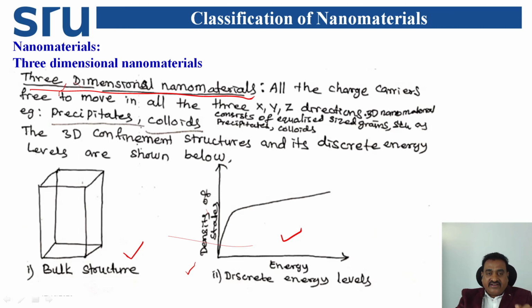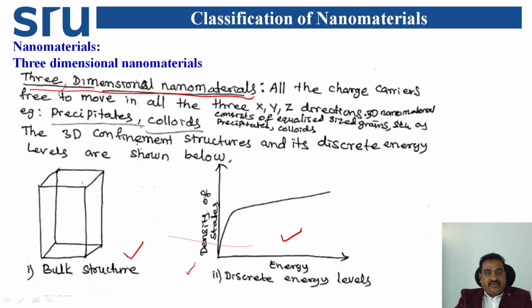Try to understand the zero dimensional and three dimensional nanomaterials. In all the directions, the charge carriers are available, but there are no free charge carriers in zero dimensional nanomaterials, but the charge carriers are free to move in all the directions in three dimensional nanomaterials.